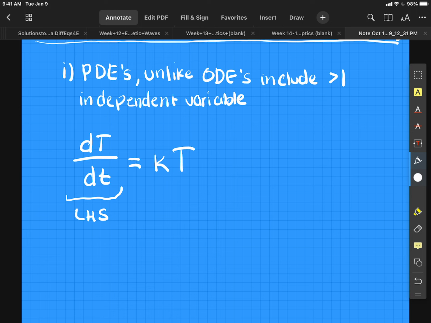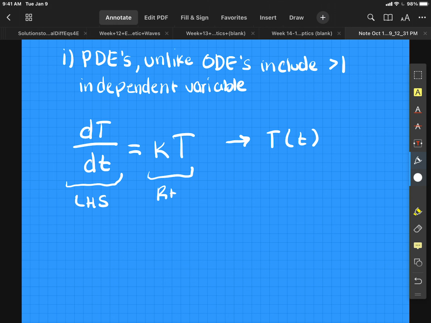And so in this case, you notice that our general solution will actually only be a function of time. It won't be a function of any other parameters such as x, y, z, or whatever other parameters you might be interested in. In this case, we're only dealing with one parameter.